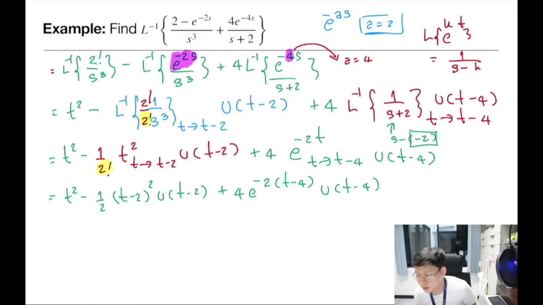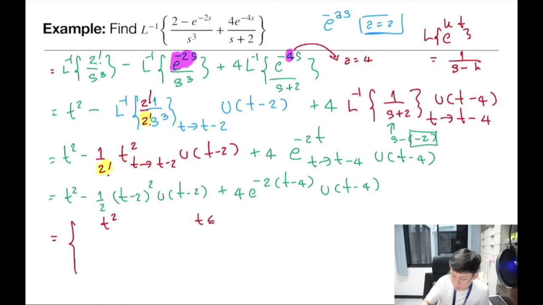And if you want, you can write it like this. It would be t squared if t is less than 2 and bigger or equal to 0.